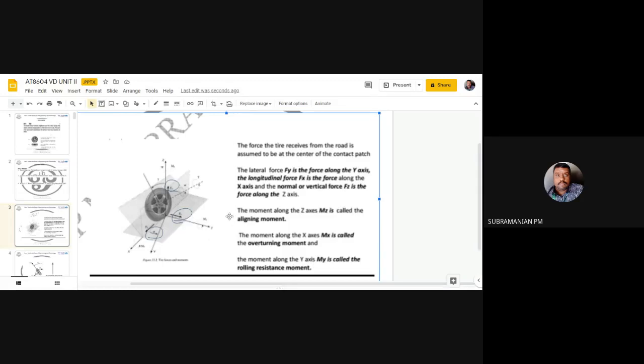You have to understand these terms, as this can be framed in an objective question. So Mx is the overturning moment, Mz is the aligning moment, and My is the rolling resistance moment.